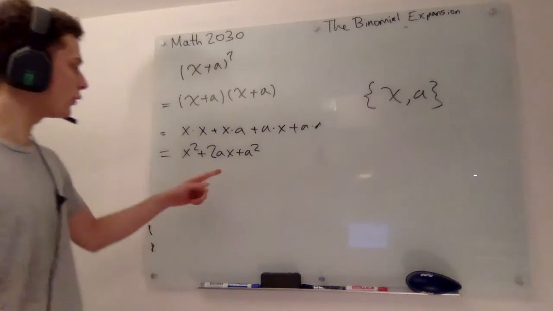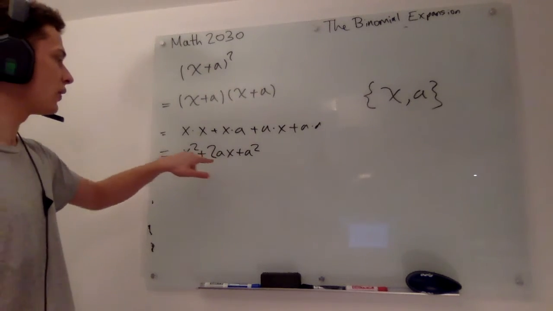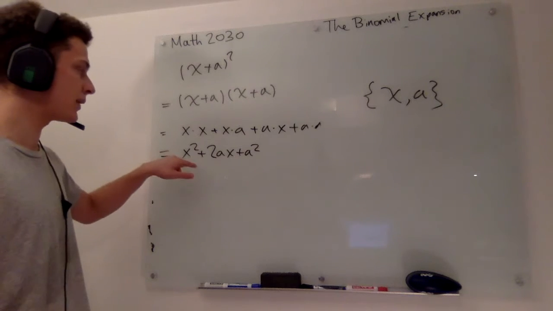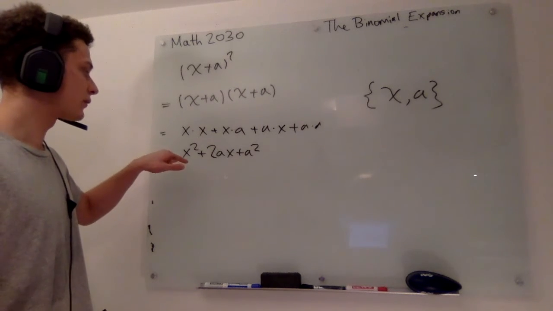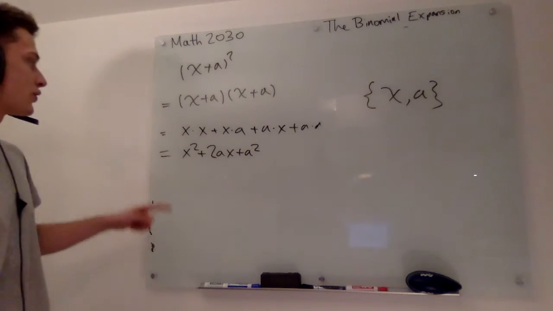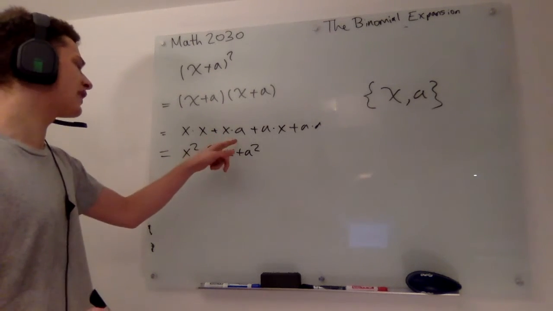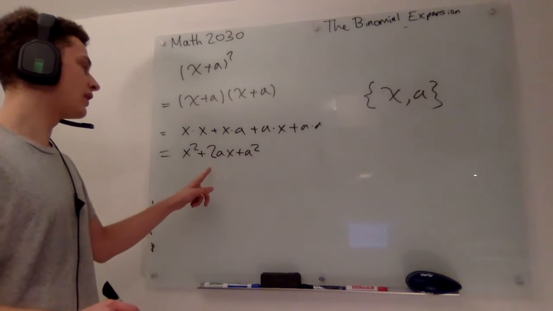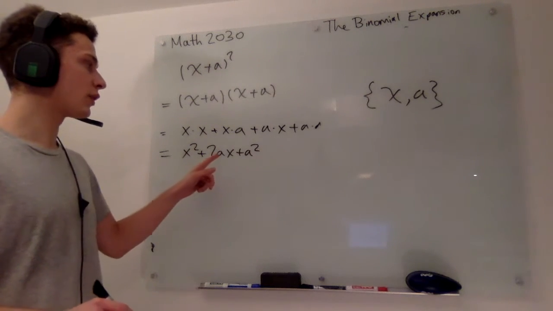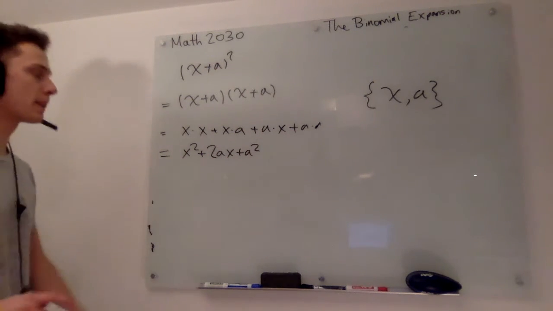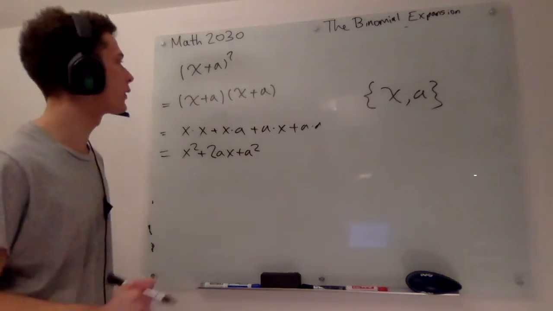In fact, the coefficients of our last expression were telling us how many ways we could pick elements from the set. We could choose an x and an x. There's one way to do that. We could choose x and a, or a and x. That's 2 ways. Or we could choose a and a. That's 1 way. We can take this a step further.